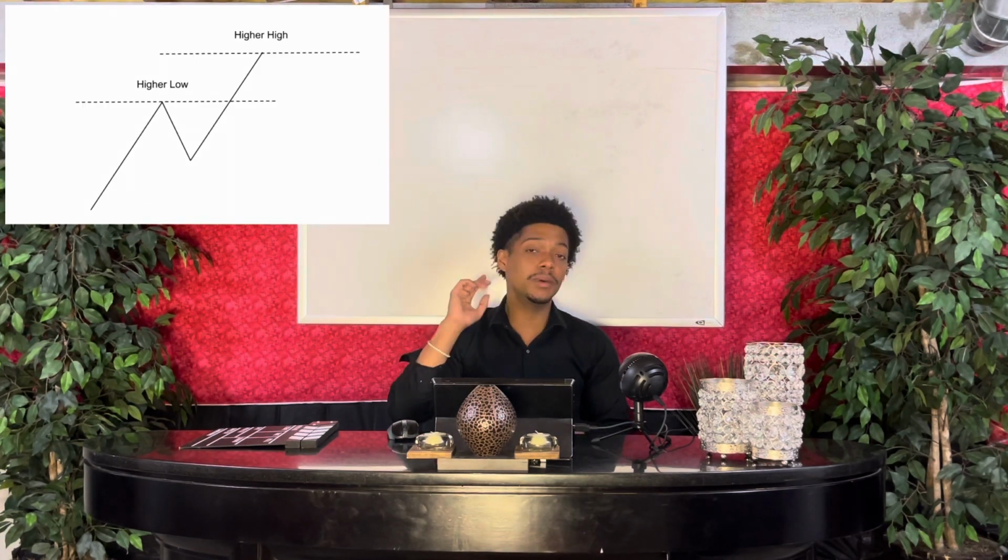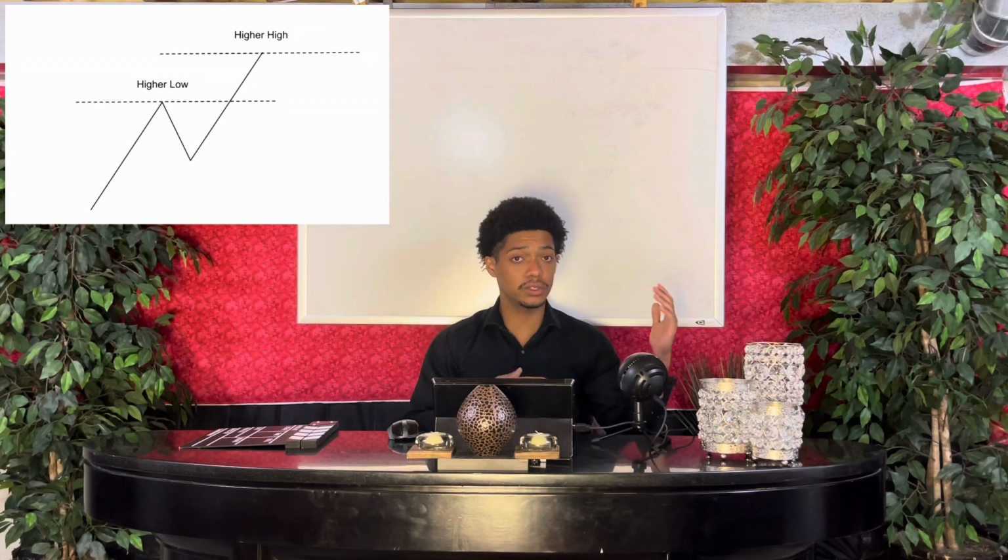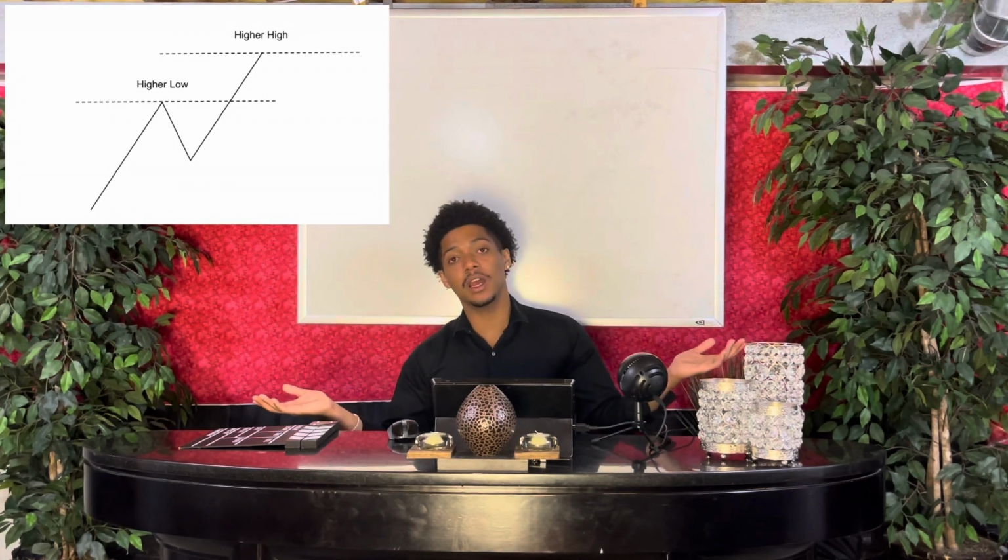So this will be happening at the opposite points of where a support will happen. Support will happen at lower lows and lower highs, but a resistance will be happening at higher highs and higher lows. Visual representation right here. So it will be happening at higher points, because supports are lower points, resistances are higher points.